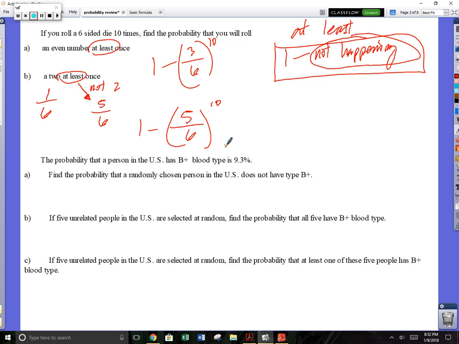I'm not going to calculate them, but they're both pretty good. I think this was almost a 100% chance, 0.999. And this one is really good as well, because if you're rolling it 10 times, chances are every number is going to show up once. And this one was like an 84% chance. Okay, very good. I'd bet money on both those things happening.